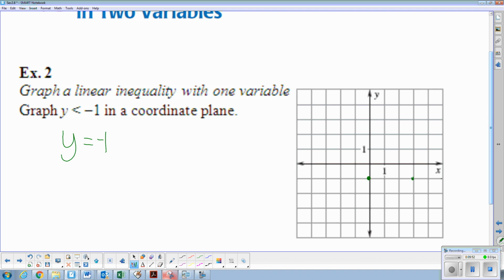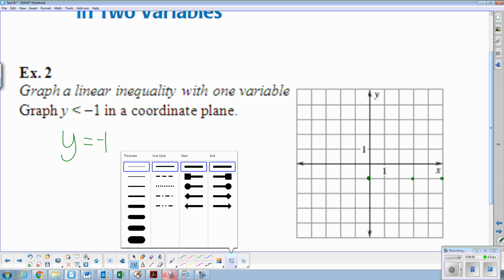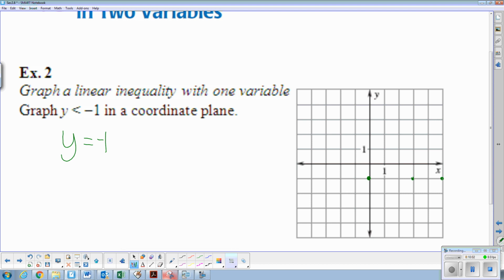All of these points are y at -1. Now, since it says strictly less than, we need to use a dotted line. So not including y at -1, y is less than -1.